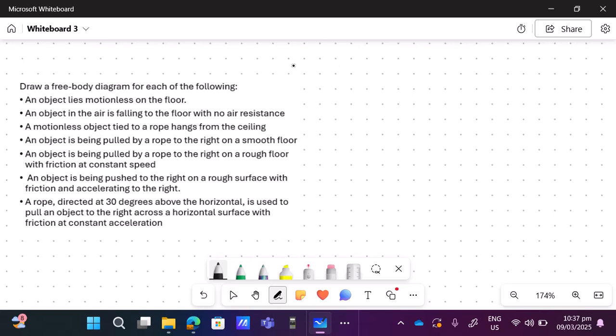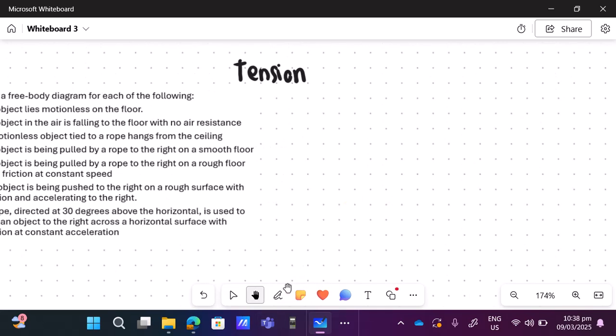Okay, if we recall tension, even for example in our muscles, when we have tension in our muscle fibers, that could be the reason why we experience stiffness. Okay, tension is a force acting on a rope.